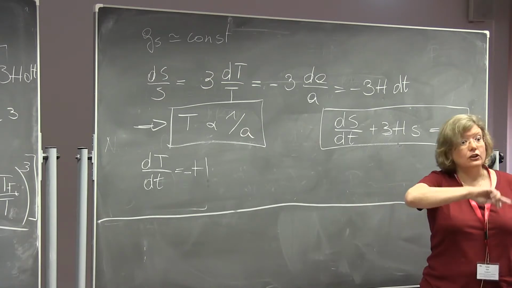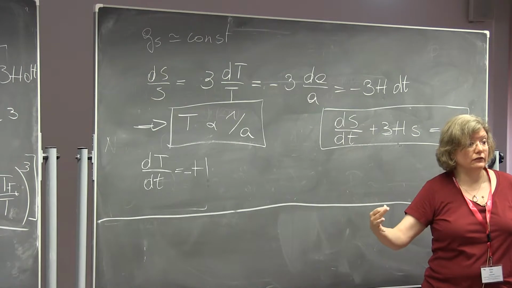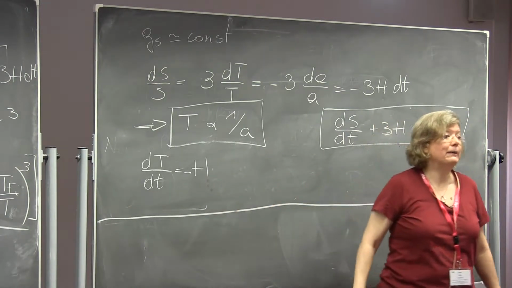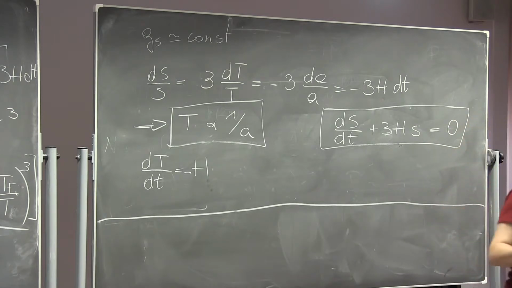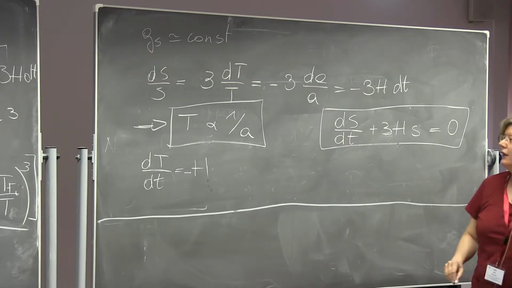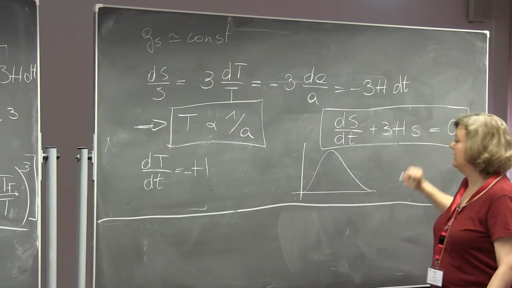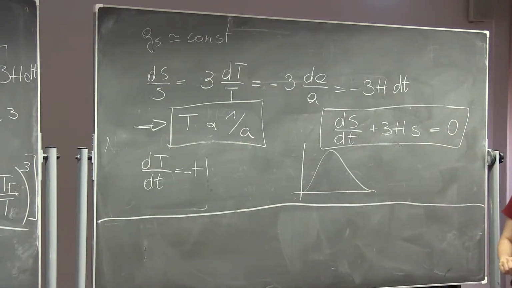This means they only got redshifted due to the expansion of the universe. So the temperature of the Planck distribution changed, and this is why now they are at 2.7 Kelvin. Earlier they were at a much higher temperature, but the shape of the distribution is exactly the black body shape. It has been conserved because the expansion of the universe doesn't change the shape of the distribution, it just changes the temperature.